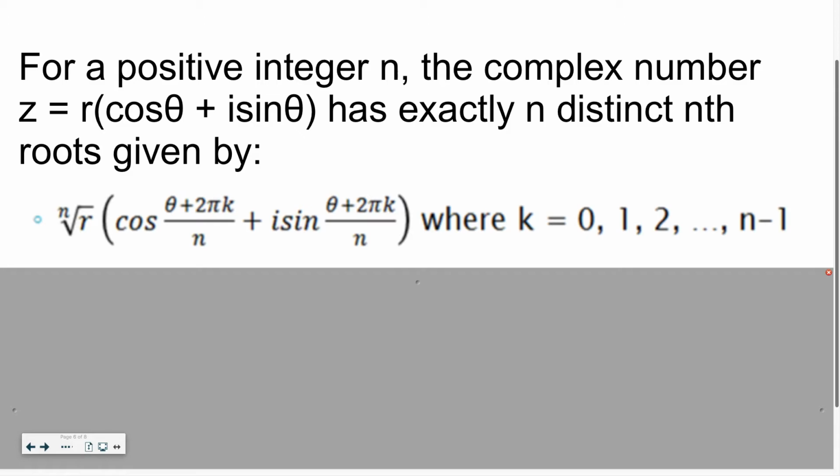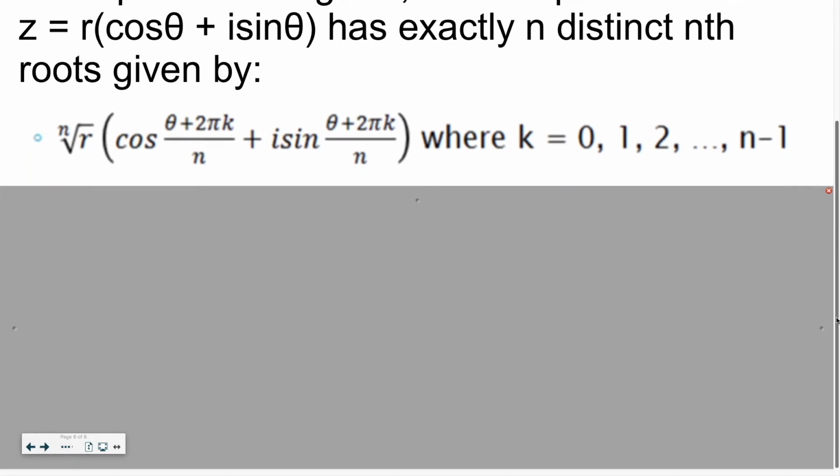If there are 4 roots, they're all going to be 90 degrees apart. If there are 2 roots, they're going to be 180 degrees apart. So you're going to see some symmetry. Because of this, all of your roots will be evenly spaced across 360 degrees. Whether you see symmetry or not, really this is about plugging and chugging. If you can plug into a formula, you're going to be fine. But if you don't practice this, you're not going to be fine.